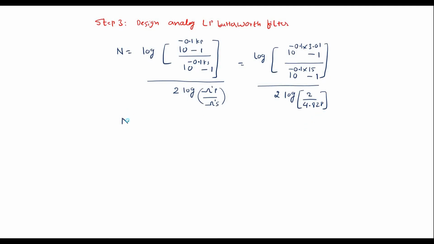So simplifying this, we'll get n is equal to 1.91, and we know that it should be rounded off to the next integer. Therefore, I can write n is equal to 2. So order of the filter is 2. Now let's calculate the cutoff frequency omega c.